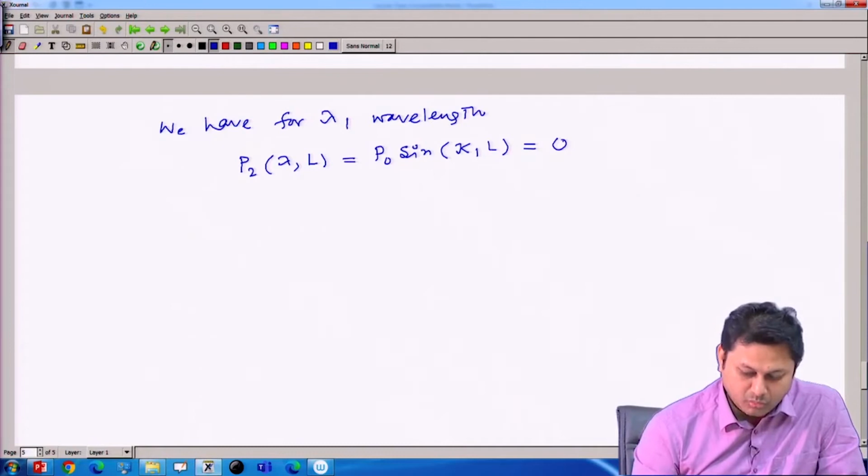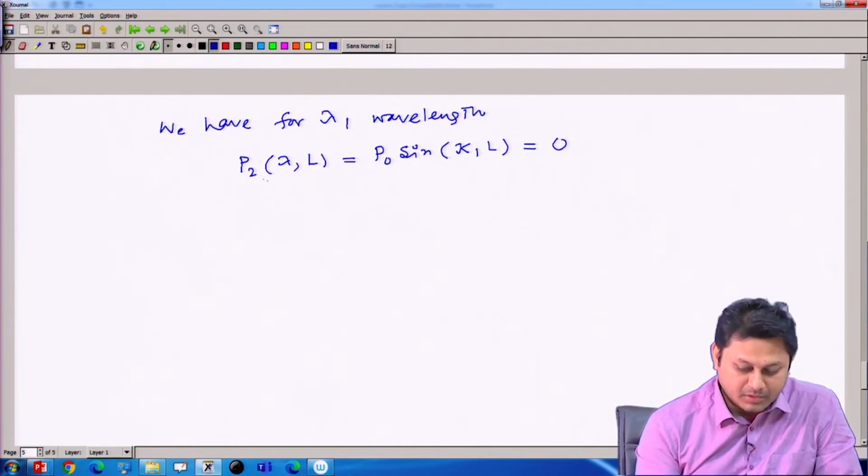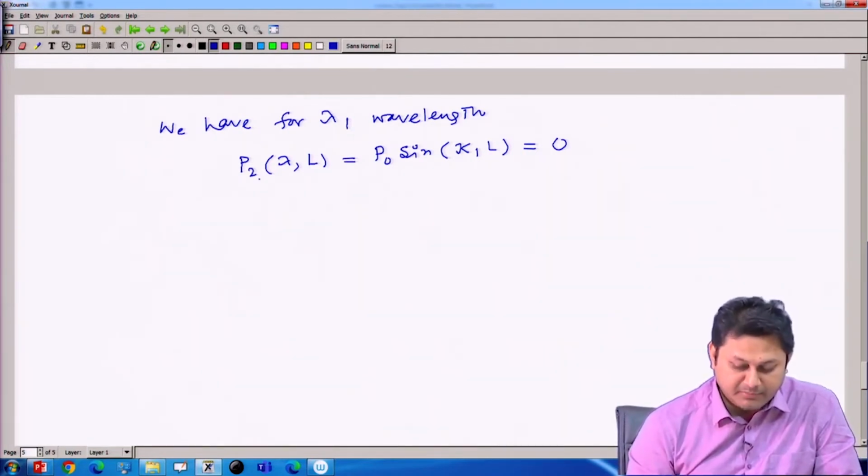That means I do not want any of that wavelength at the output of the second branch.